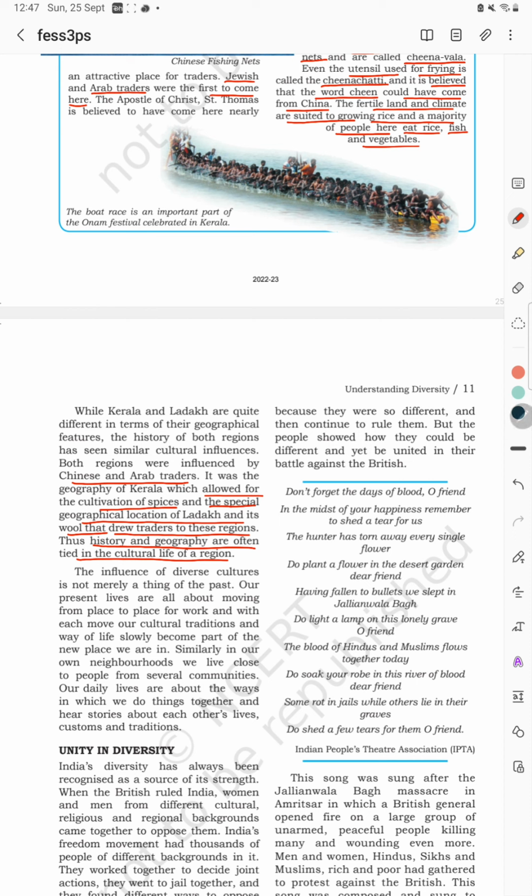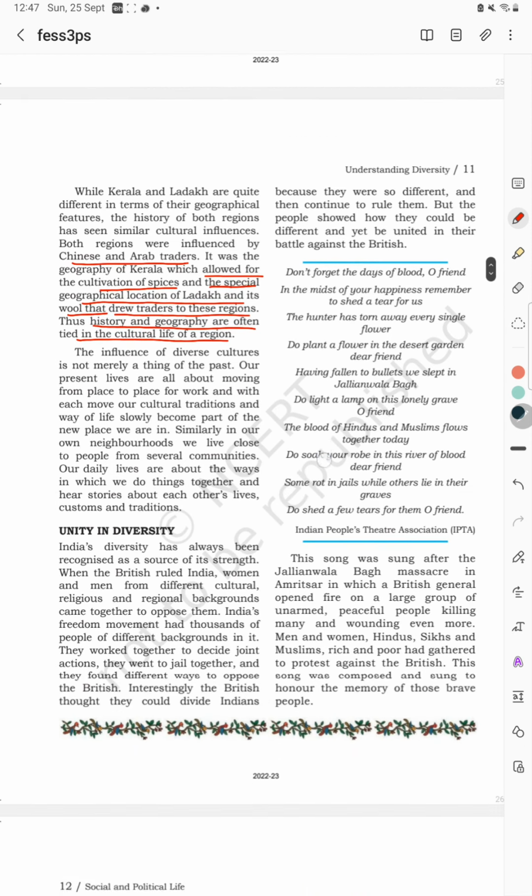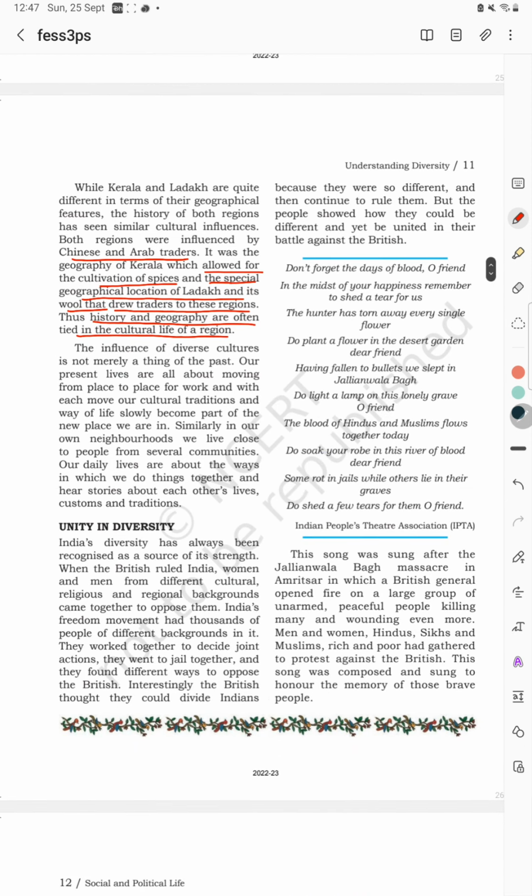The influence of diverse cultures is not merely a thing of the past. In our present lives also, it is all about moving from one place to another for work or for any other reason.